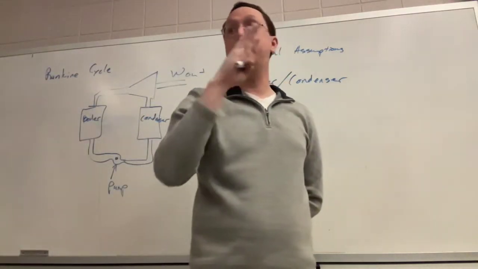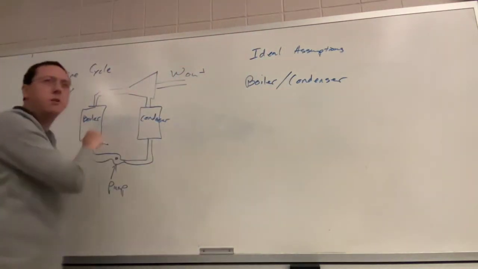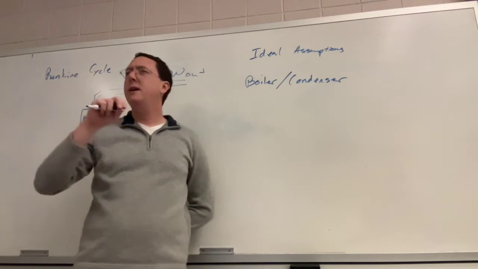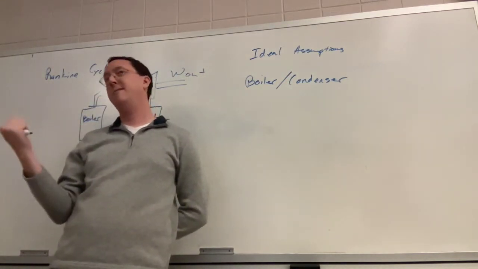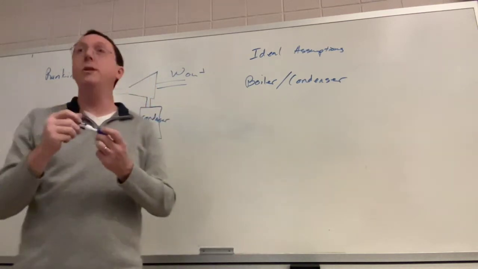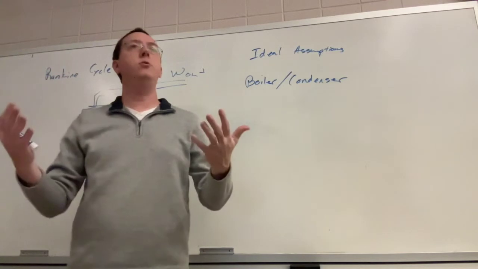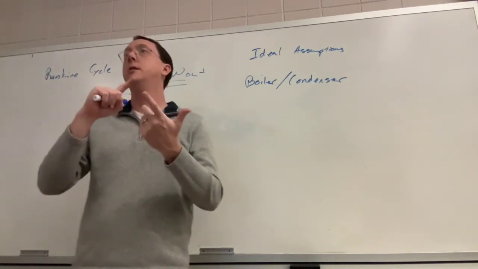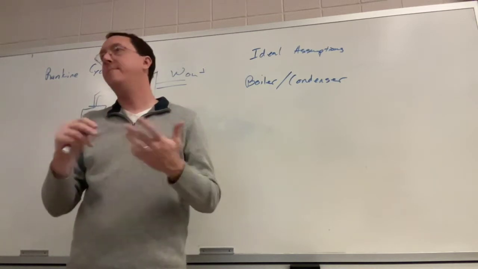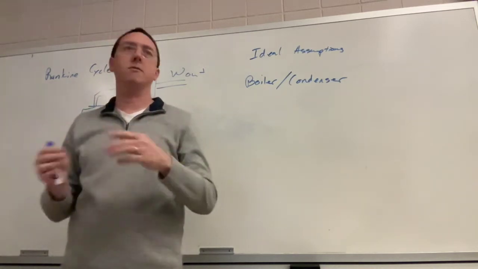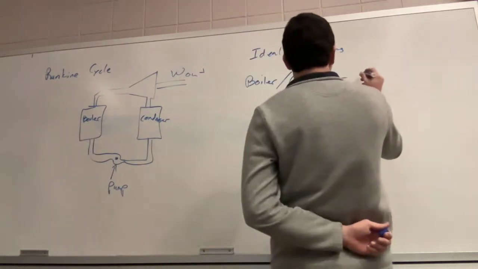The pressure is the same throughout them. That's for boilers, condensers, heaters, cooling towers, evaporators, and refrigerators. Anything whose only purpose is heat exchange, not to perform work or throttling or anything like that, just heat exchange. Okay? We're going to assume these are isobaric.